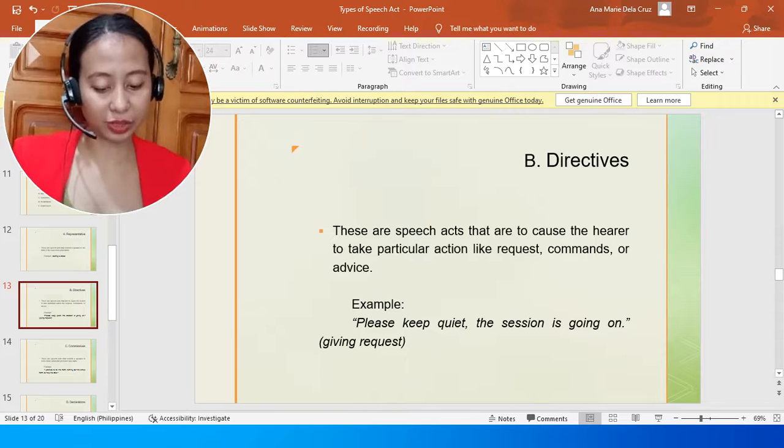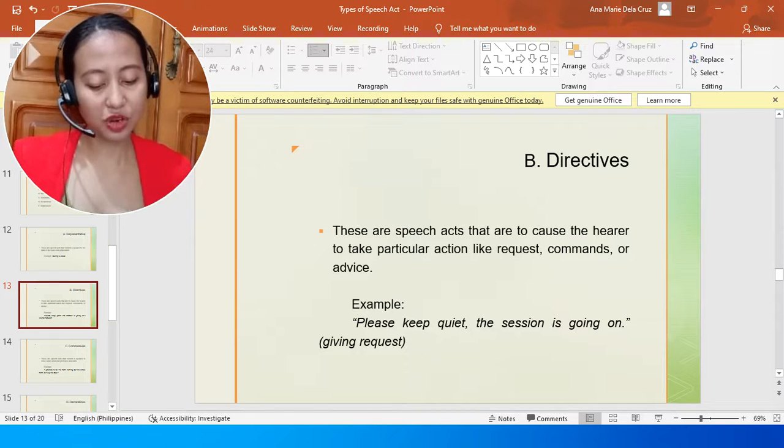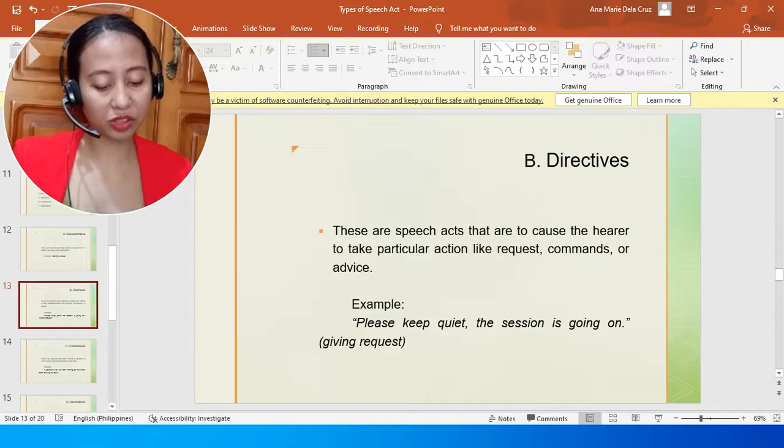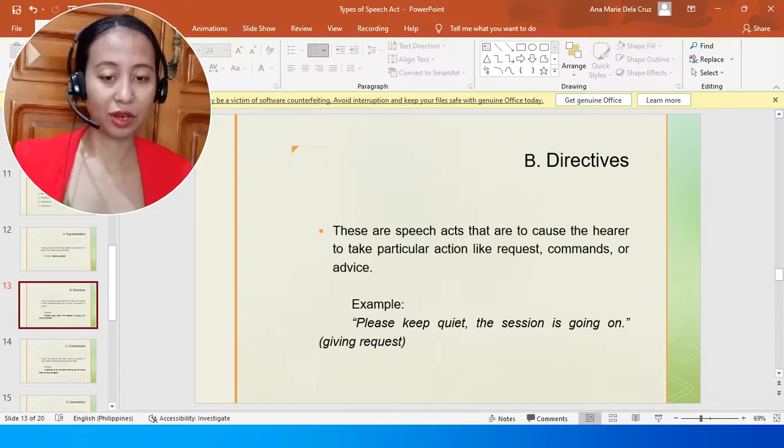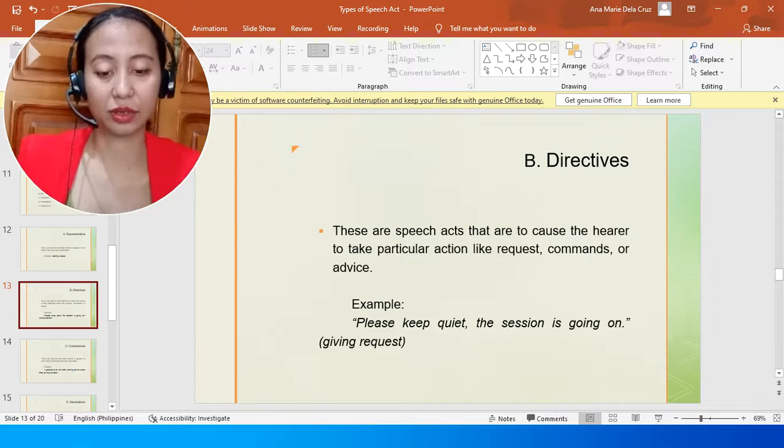At a counter, that is giving a command to your customer. Next, "You are advised to consult Dr. Tan for a second opinion." It might be giving advice from a friend, from a nurse. Those are examples of directives. You are requesting, commanding, or giving advice.